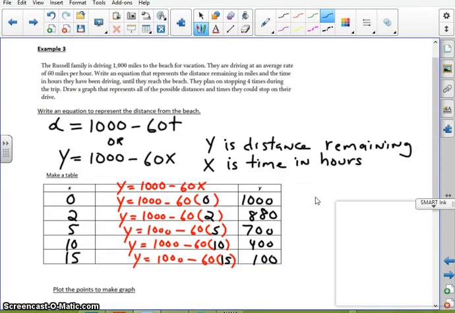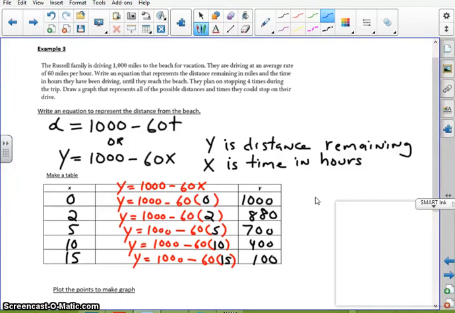All right, the last example, example 3, is an application problem. A family's going on vacation, and they're driving 1,000 miles to the beach. They're traveling 60 miles an hour. So what that means is they're going to get 60 miles closer to their destination every hour.